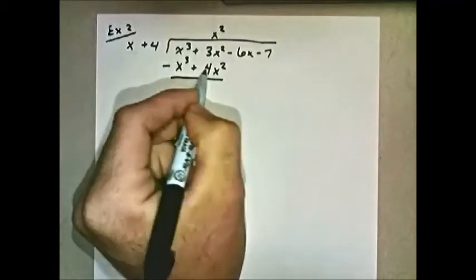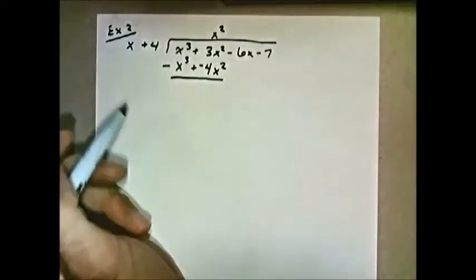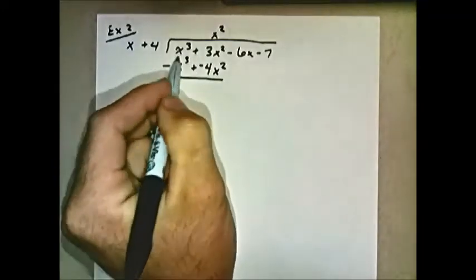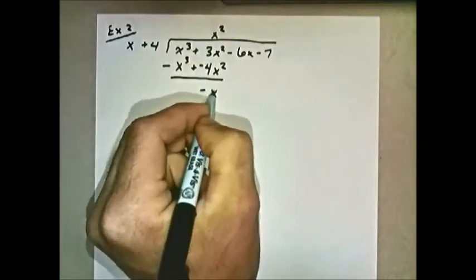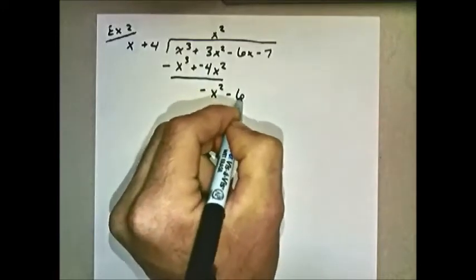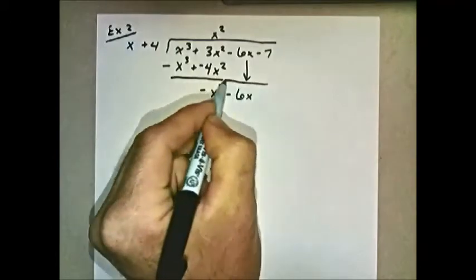We're going to change our signs, or multiply that negative through, distribute. The x to the thirds cancel. 3 minus 4 gives us negative x squared, minus 6x, bringing down that 6x.